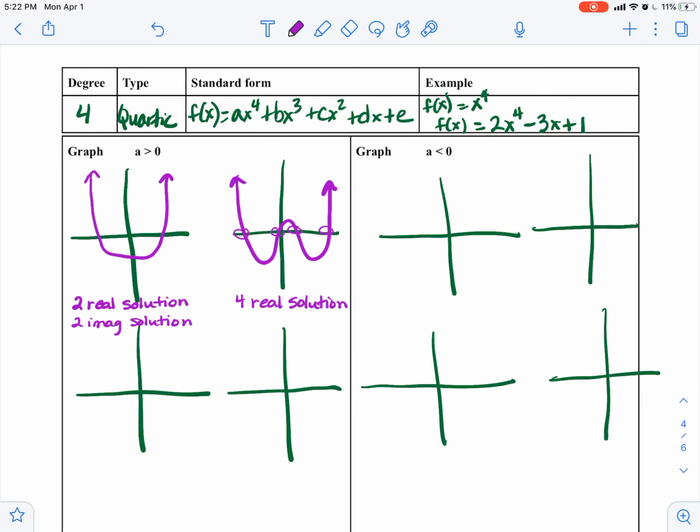Now, another one that's kind of common to do is where it touches and bounces and touches and bounces. In this case, again, this has 4 real solutions. The thing about them, though, is there are 2 distinct roots, because both of them have a multiplicity.